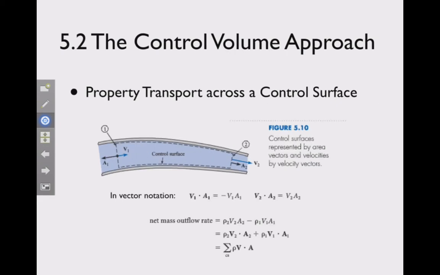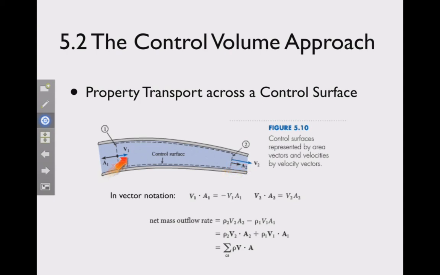We can begin to specify things about this control volume. We note that at either end we have a cross-sectional area whose normal is outward from the control surface. So A1 is pointing directly back into the flow, whereas A2 is pointing out the other end of the flow.